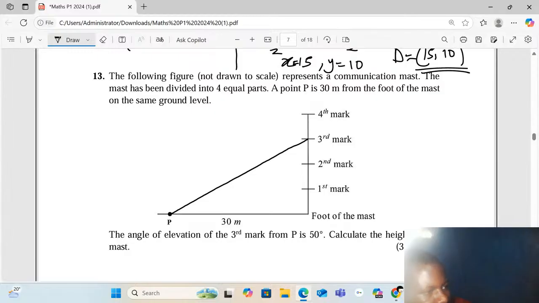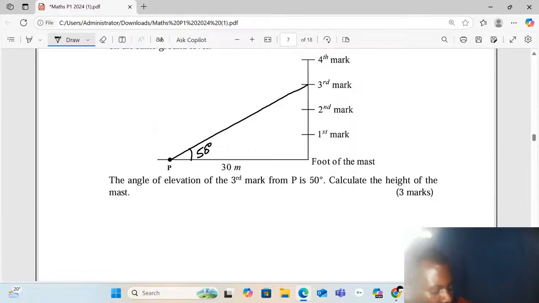The mast is divided, and the angle of elevation of the third mark from P is 50. So that means this angle here is 50 degrees, the angle of elevation. And from here to here is 30 meters. Now they're saying calculate the height of the mast. That one is simple. This is what we do.